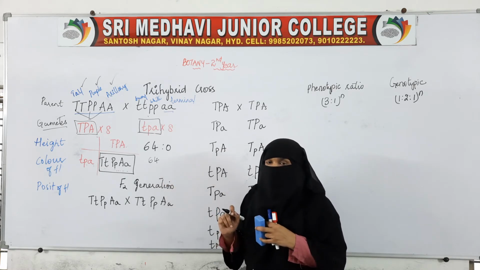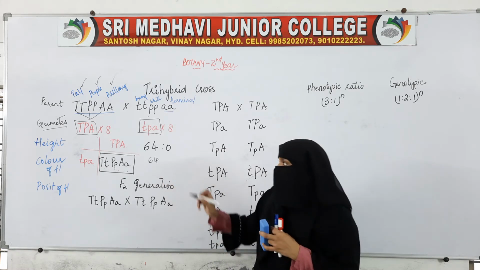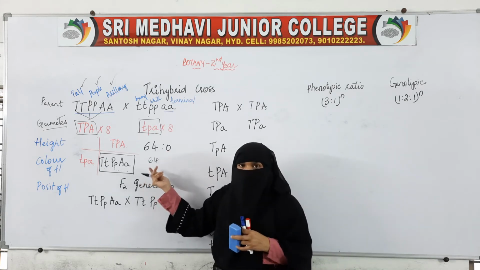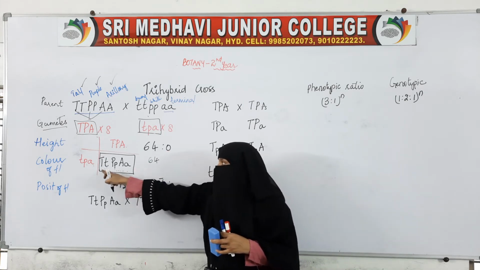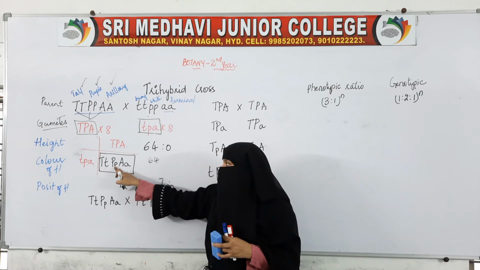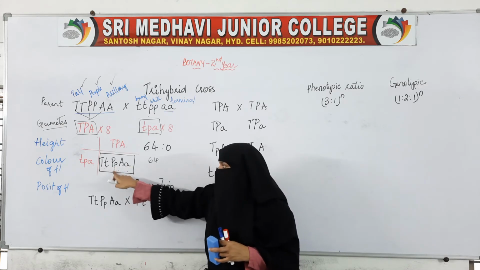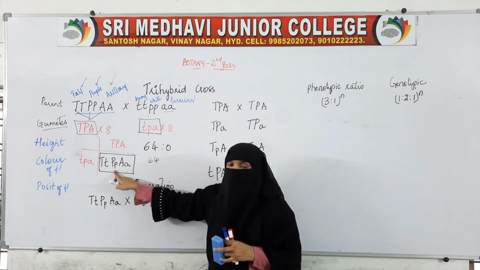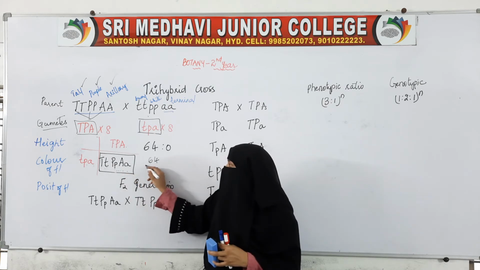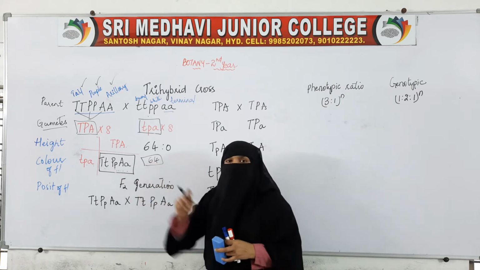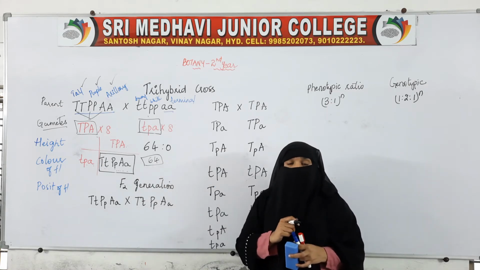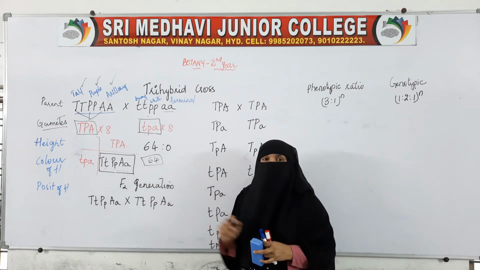What type of 64? Offspring with capital T, small t, capital P, small p, capital A and small a. We will get 64 offspring of this type.